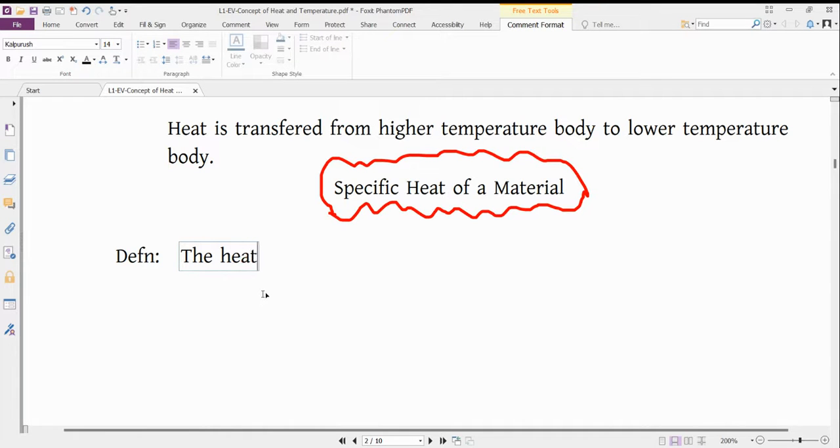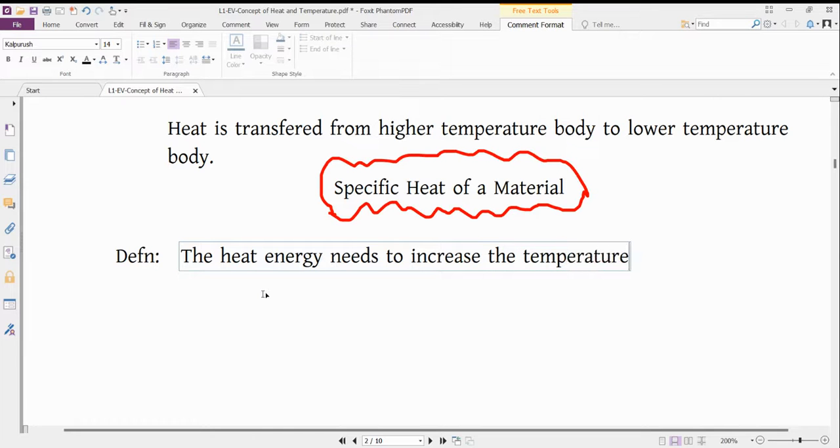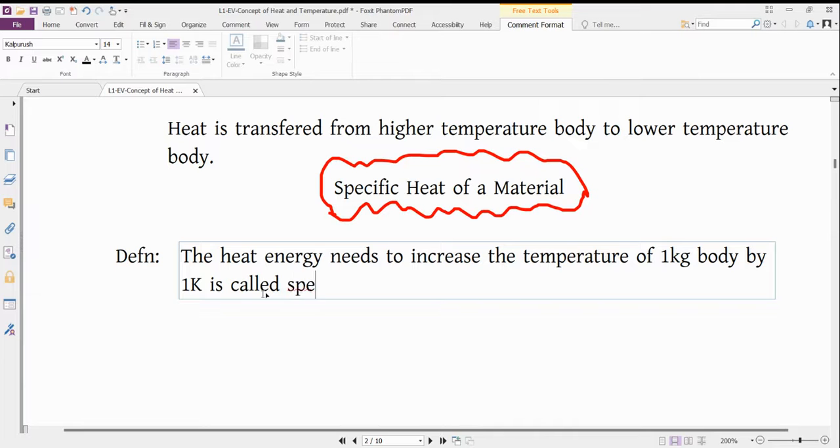The heat energy needed to increase the temperature of a 1 kg body by 1 Kelvin is called specific heat.